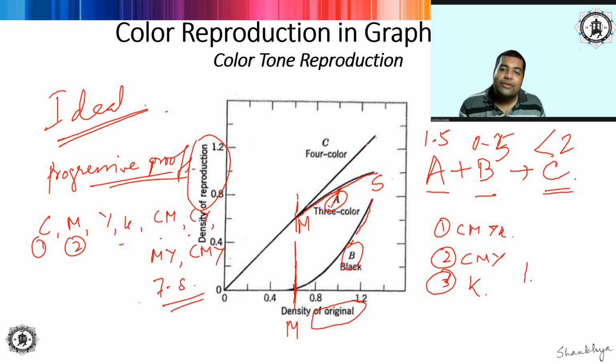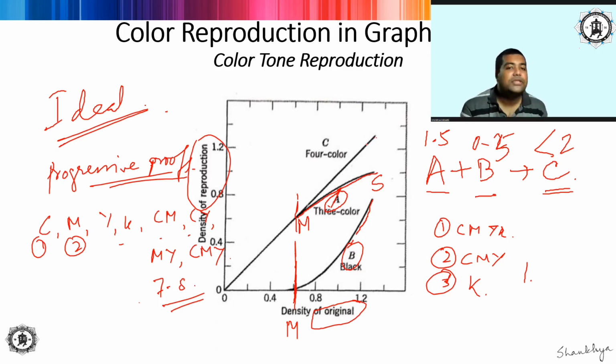It is because of additivity failure. What is additivity failure? Additivity failure states that the density of the combination through a particular filter is never equal to, but lower than, the density of the individual inks through the same filter. And the reasons I have explained in great detail in the earlier lectures also.